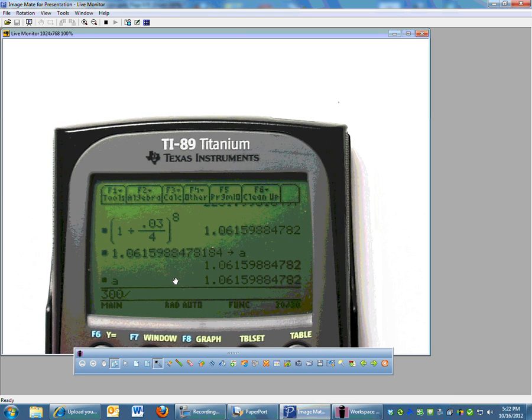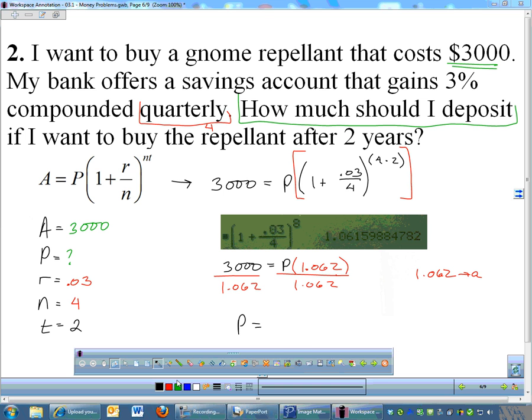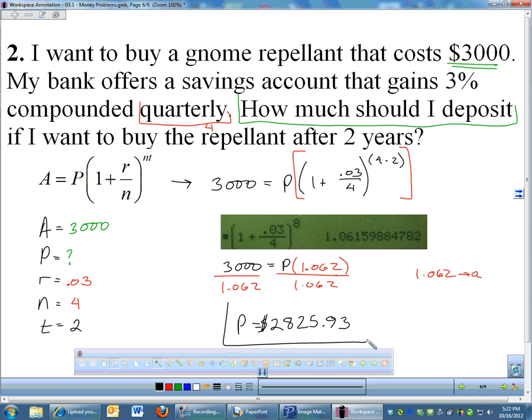I am going to hit 3,000 divided by A, because I stored my answer. So 3,000 divided by A is 2825.93. And that's how much money I need to deposit in order to have $3,000 after 2 years.